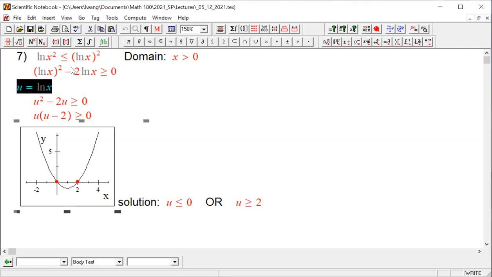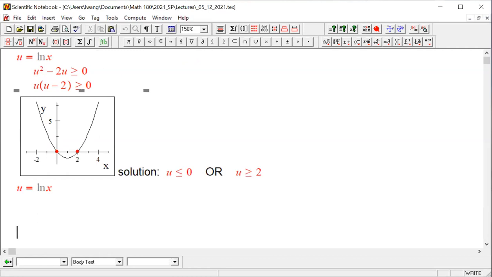So remember, u is from here, right? So we have two cases. So when u is less than or equal to 0, then this guy is less than or equal to 0, right?